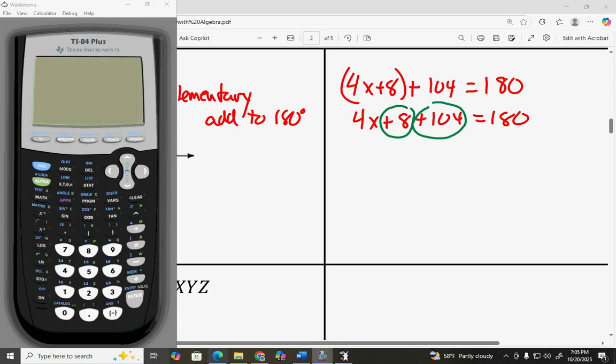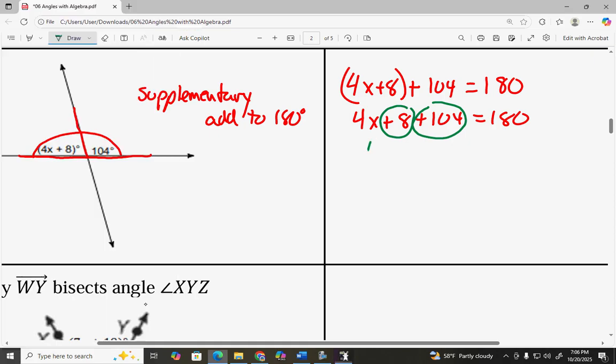So here's my calculator. I don't really need it, but 8 plus 104 is 112. So 4x plus 112 equals 180. Subtract 112 from both sides.